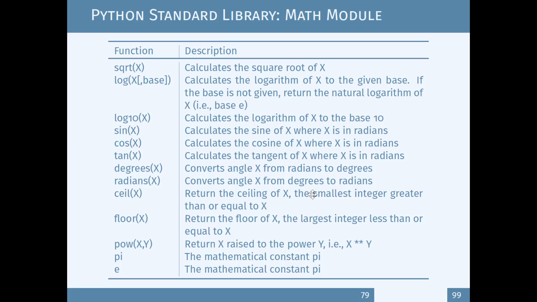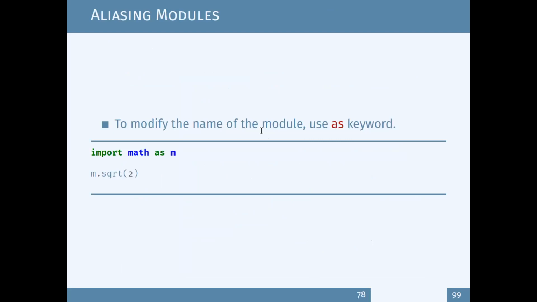Then we have trigonometric functions: sin x, cos x, tan x. Then you can convert between radians and degrees, different rounding functions, ceil and floor, getting the power of something, and even constants like pi and e you can use. Okay, so let's try to understand how to use them.